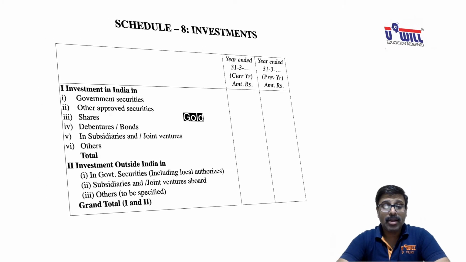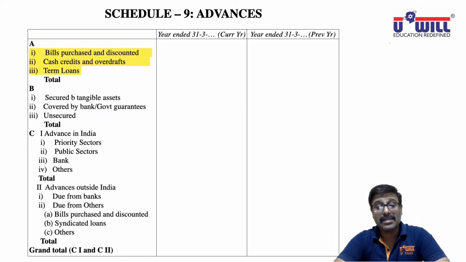Going further, Schedule 9, advances. This also I made you write in the notebook at the time of formats itself. Three things are included in advances. Advances means loans given by the bank. That may be in the form of bills purchased and discounted, cash credits and overdrafts, and term loans. Other items are just disclosure. How much of the loans are secured by tangible assets, covered by bank or government guarantees, and unsecured.